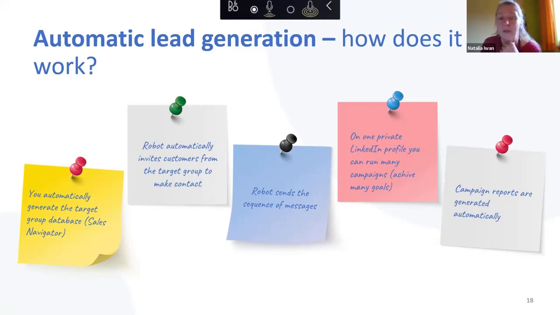Then the robot automatically, without any of your actions, invites the people to your connections, to your networking. You don't do anything. You just define the campaign in the sales robot, put the link from the Sales Navigator, define the target group, and the robot invites the people to your connections automatically, without any click of your finger.